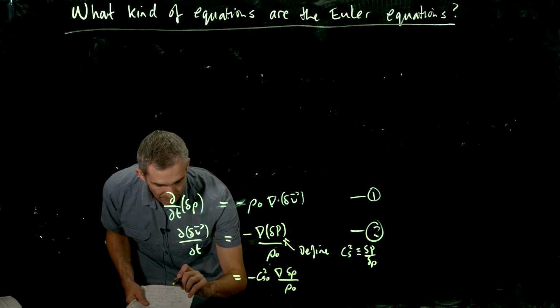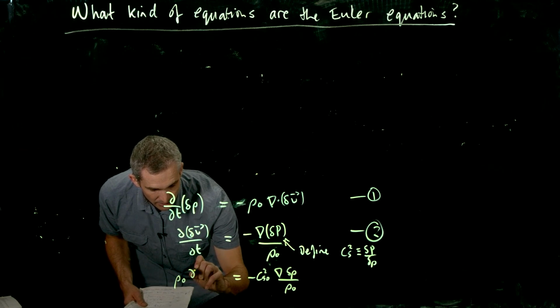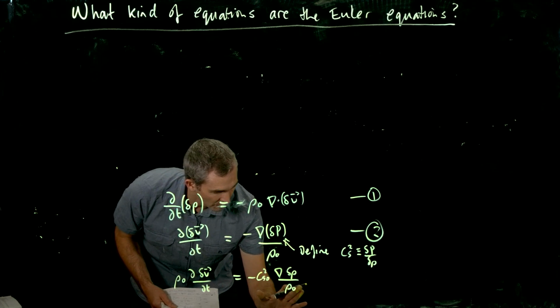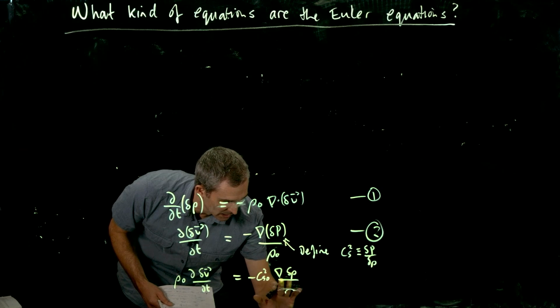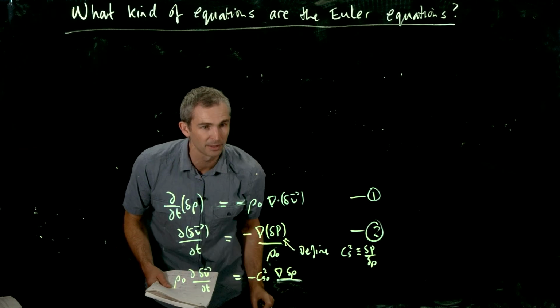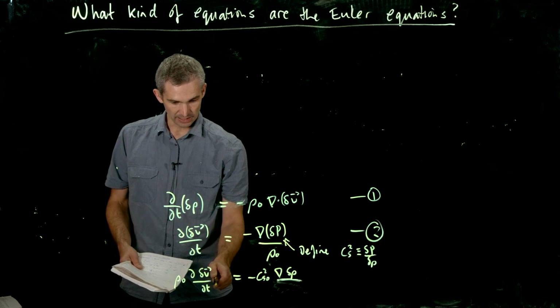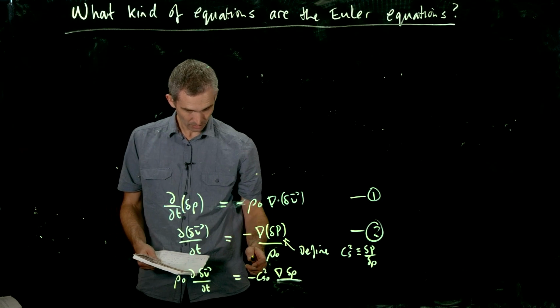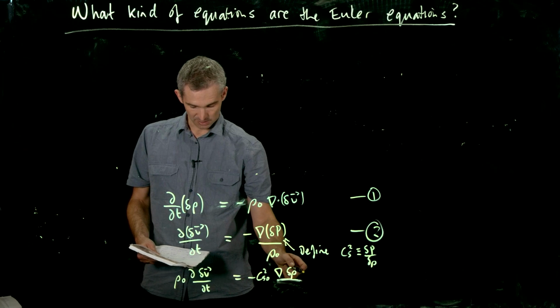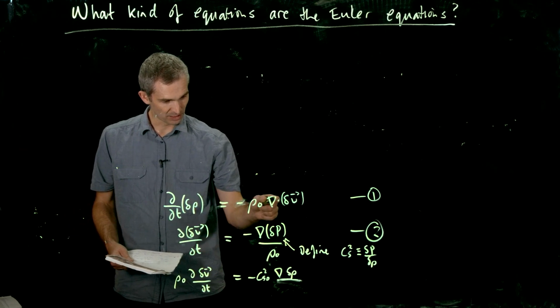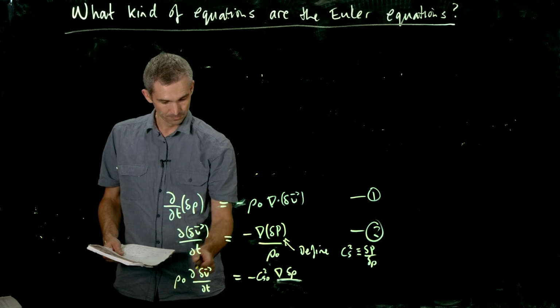But we could put that up on the left-hand side, so we get rho naught d delta v dt equals minus sound speed squared grad delta rho. So that's our equation 2, but now you can see that we've got a minus sound speed naught grad delta rho, we've got a ddt of delta v, and we've got a rho naught here.